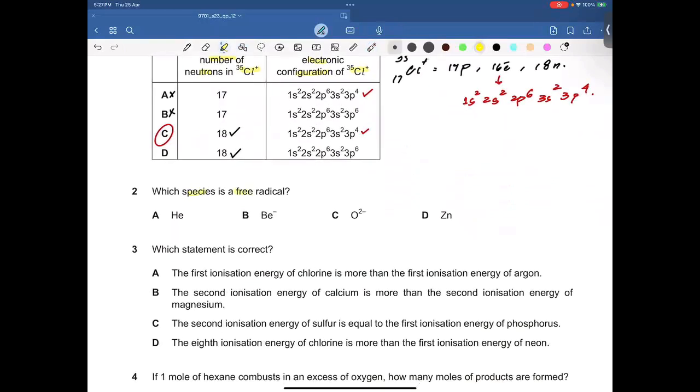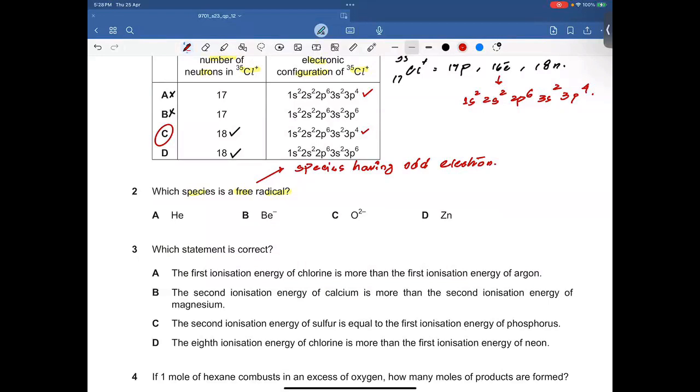Which species is the free radical? We have discussed free radicals in the class. A species having odd electrons, which can be 1 or more than 1, or single unpaired electrons.